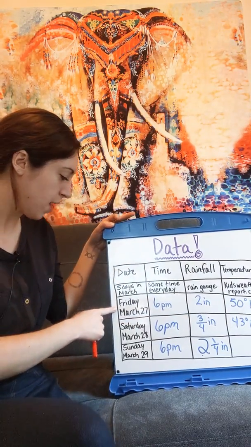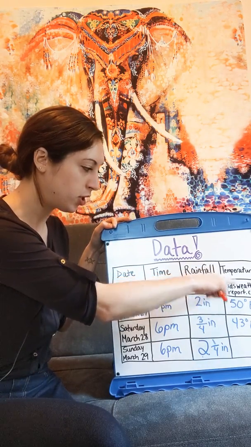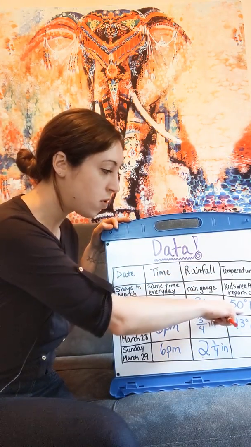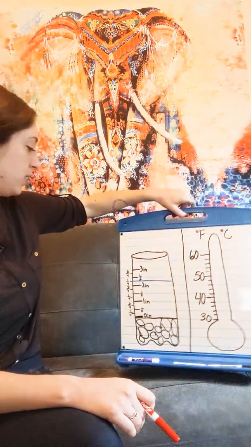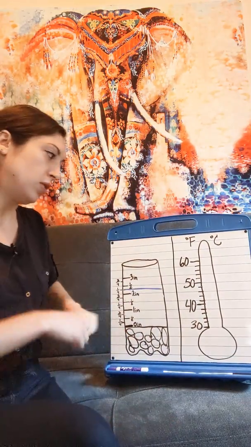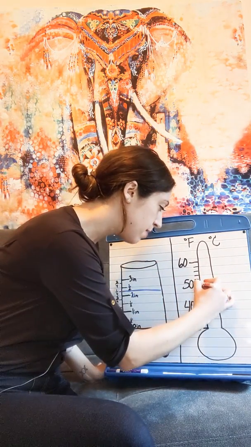So let's go back to Friday, and I'm going to go all the way over to my temperature column, and I recorded that it was 50 degrees Fahrenheit. Okay, that's pretty easy. Well, there it is. It's right on my thermometer.